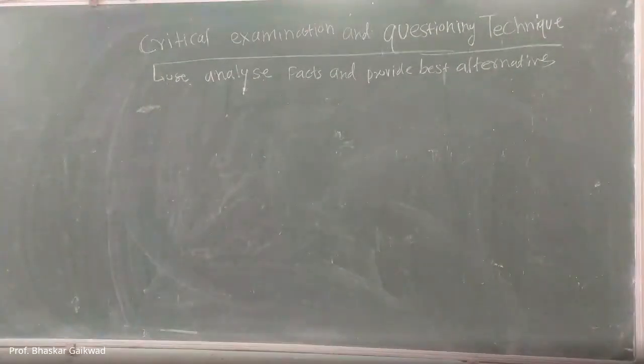Selection and development is the last part of our chapter. Whatever the present facts are in the shop floor, you have to analyze and provide the best alternative for this. The following points must be considered while doing critical examination.